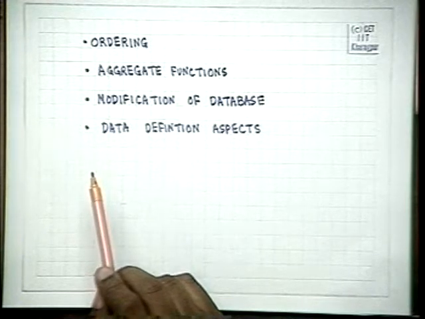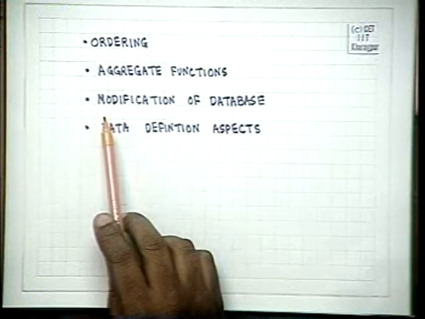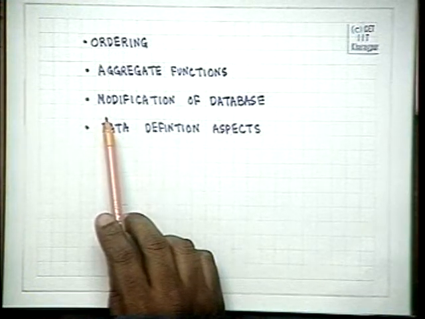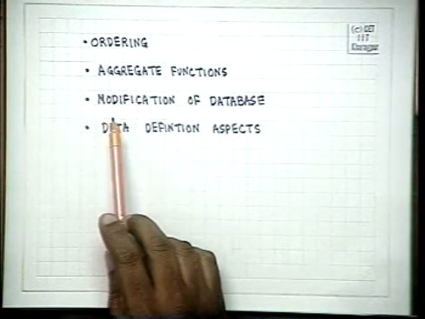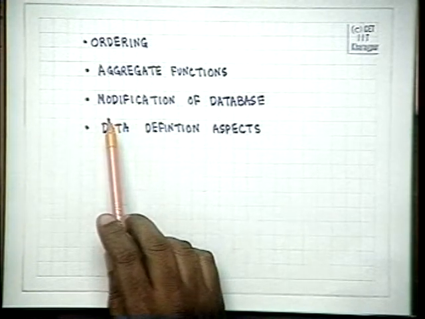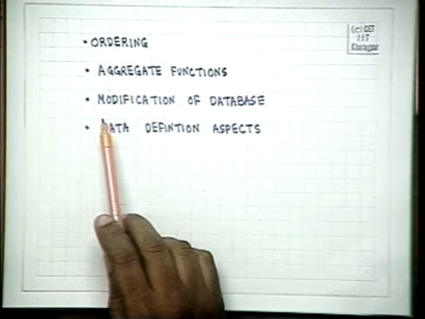But in a practical situation, you require modification of a database. Firstly, you require creation of a database, which we shall do last, but in any situation you may require deletion of elements from a database, you may require change of values of elements of a database, and you may require insertion of new elements in the database. For example, when a new book comes to the library, you may need to add that book into the library.